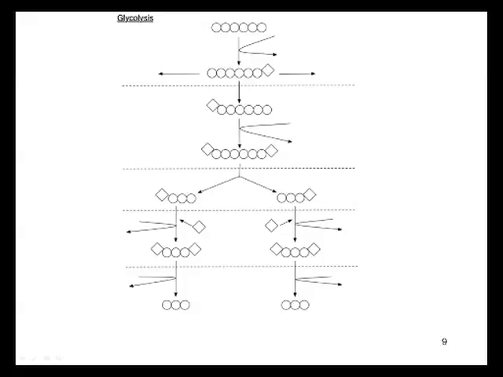Okay, so we have our glucose 6-phosphate. Debating how much I should get into this next little step. One of the things that happens with the help of an enzyme is that this glucose 6-phosphate here is converted into another molecule called fructose 6-phosphate.